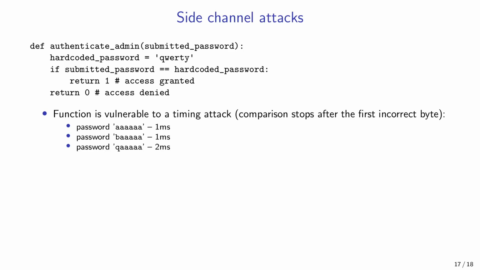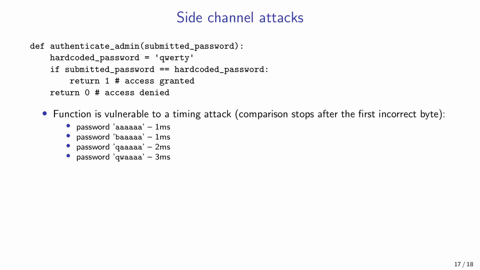However, if we send the password QAAAA, where the first character matches the first character of the hard-coded password, the response time will be 2 milliseconds, because this string comparison operation will have to do an extra step, verify the second character, therefore taking an extra millisecond.